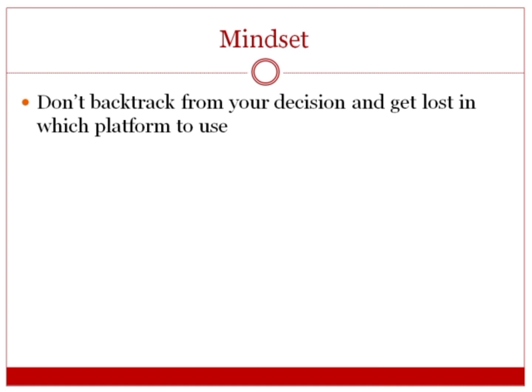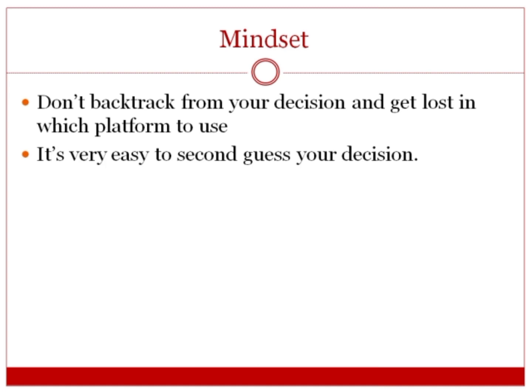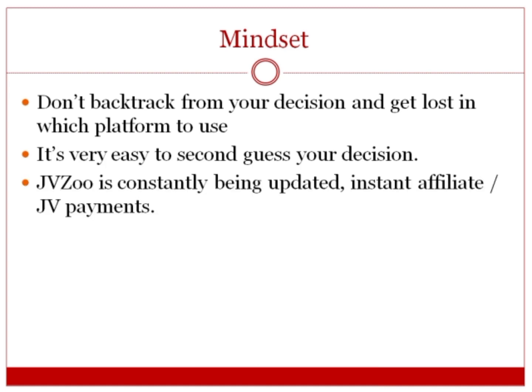You've chosen JVZoo, and then you've got your friend over there telling you about JVZoo or ClickBank. And what I want you to do is just get your product onto JVZoo, set up an affiliate program, and then you will begin to see some results. And it's very, very easy to second guess your decision.